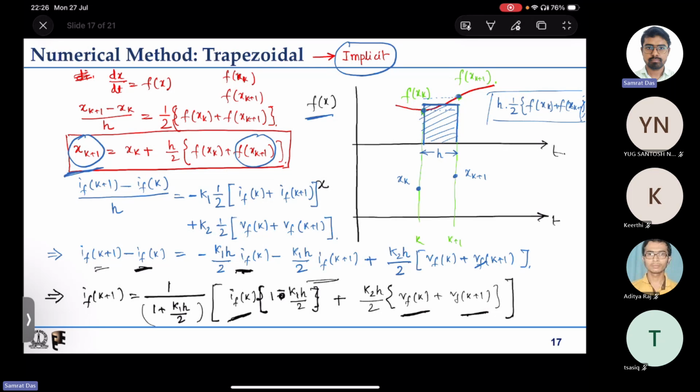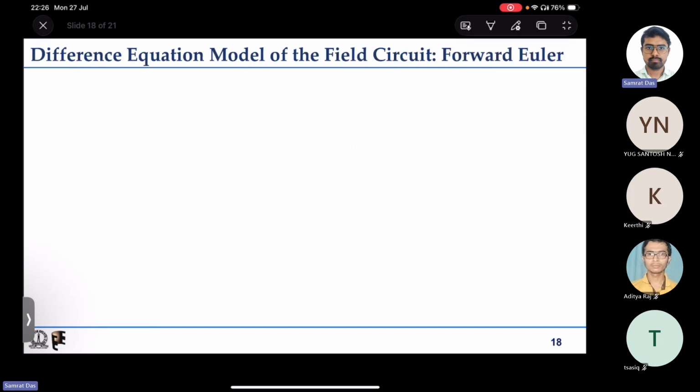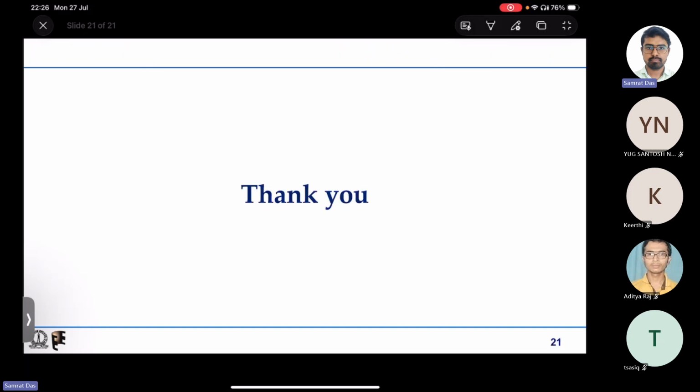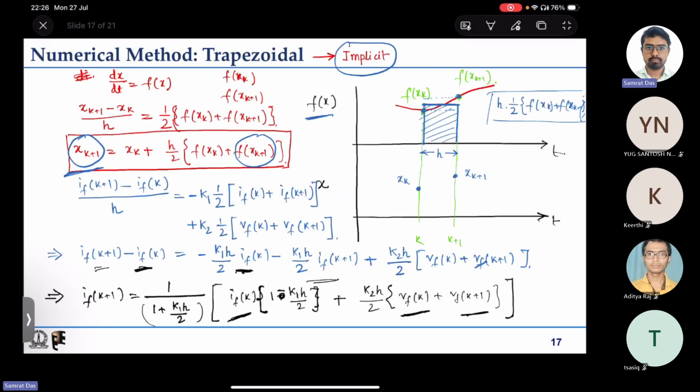Now let us try to see what will happen. So let us go to our SIMULINK model and quickly see the impact of choosing these different numerical methods in our solution. I had kept separate space for this, but anyway I have derived these things there itself.